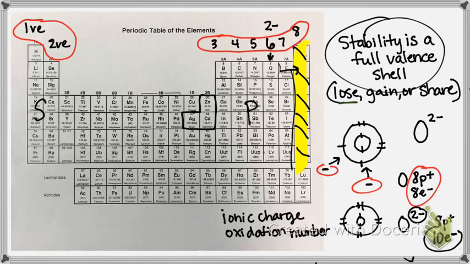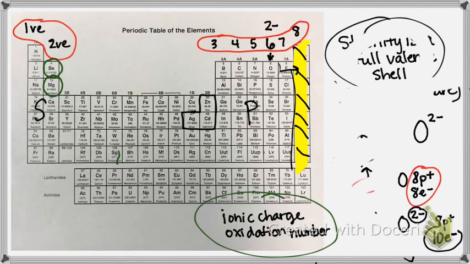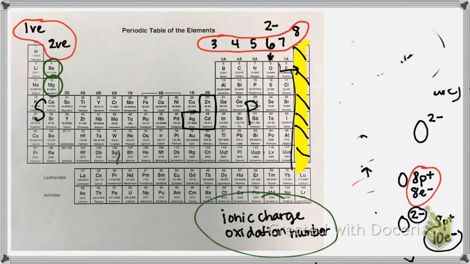Now, it can lose them as well. So we're going to talk about how an element like beryllium or magnesium will actually lose its valence electrons, okay? And so we're going to talk today in class about what is known as an ionic charge or an oxidation number, and how it develops, and how there is a pattern across the periodic table.